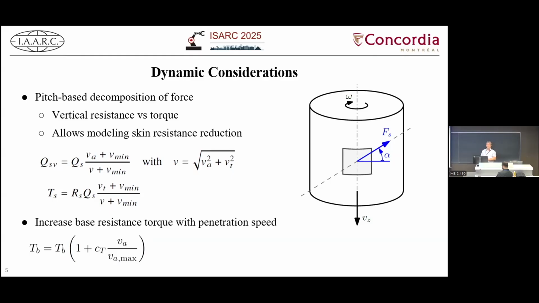So basically for this one, we decompose the force based on the instantaneous pitch of the motion. That way we divide the skin resistance force into two parts. One of them will contribute to the resistance in the vertical direction, the other one is the resistance torque.